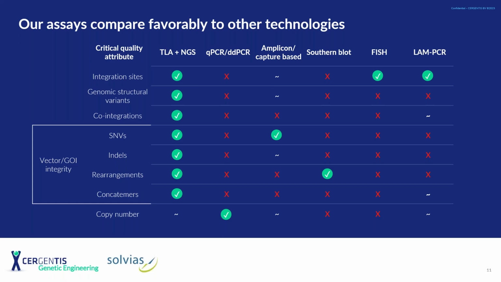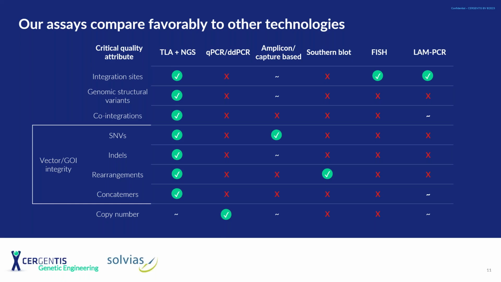And of course, all of these technologies have their advantages and limitations, and it really depends on the research questions you want to answer. But basically, each method allows insight into only one or few parameters of interest. But to get a comprehensive picture, you will need to use a combination of the several methods.